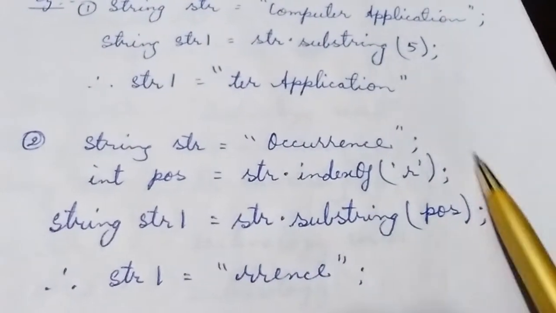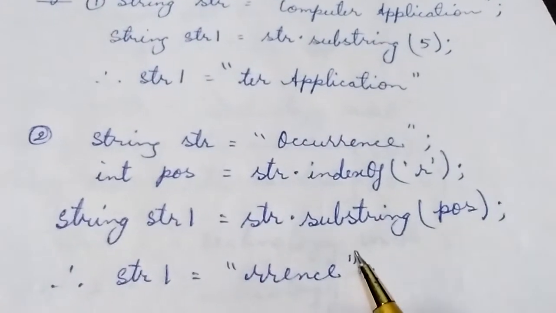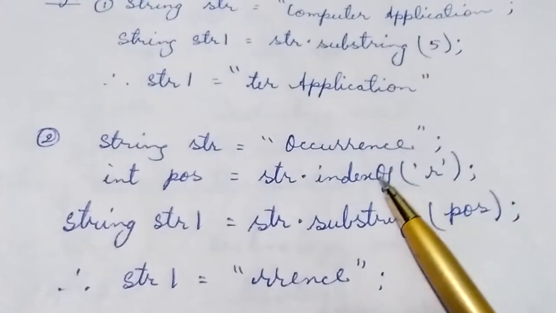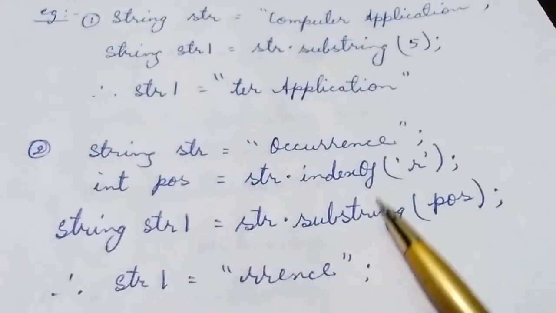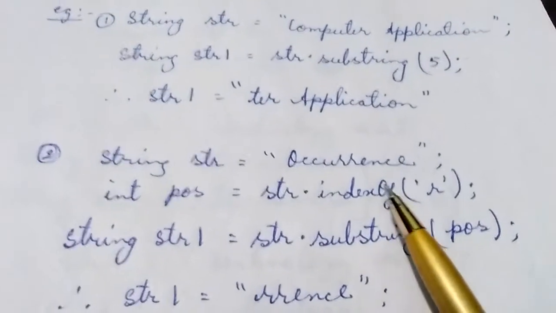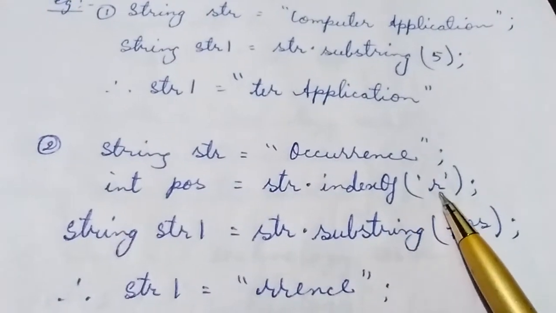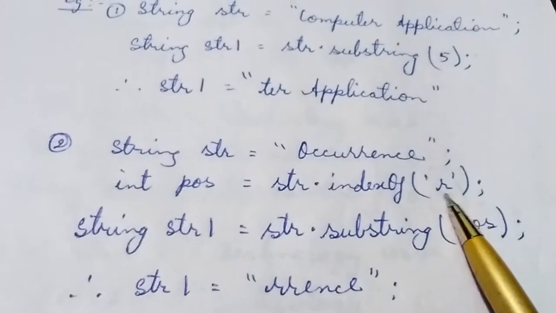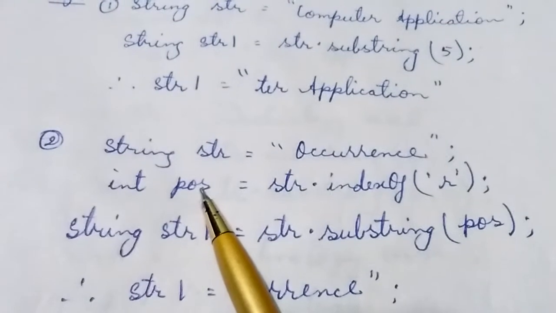The question is just given to explain that the functions of the string work with each other in order to provide values to each other. So with indexOf, we first find out the index location of the r, which is stored in pos.